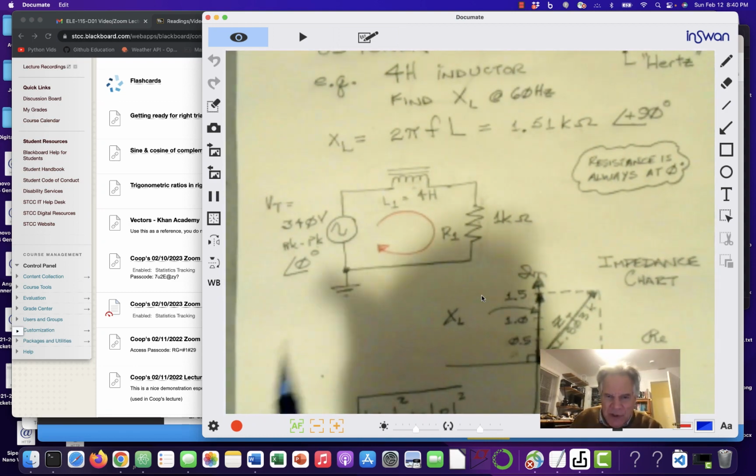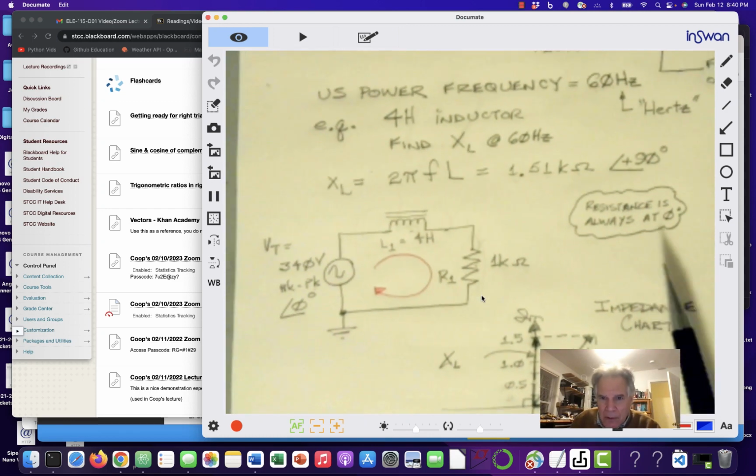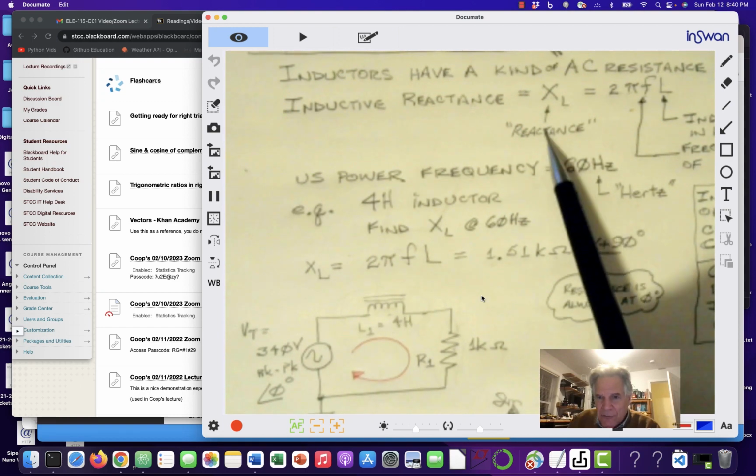When I have just an inductor, it's called reactance.